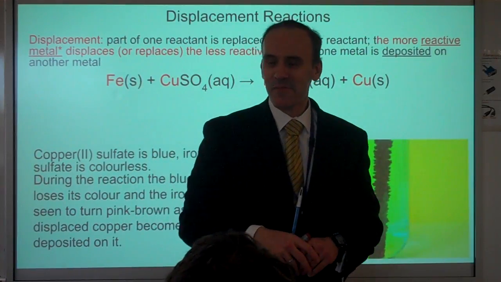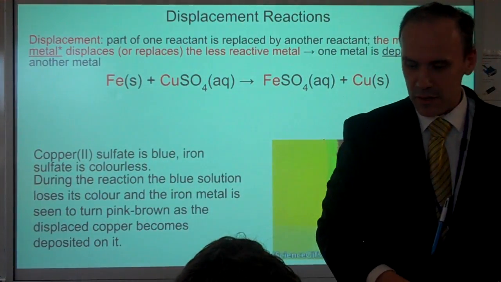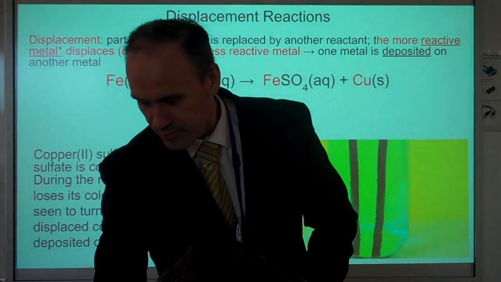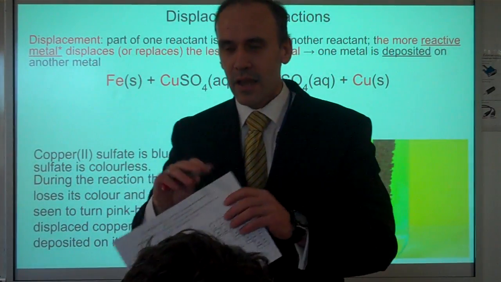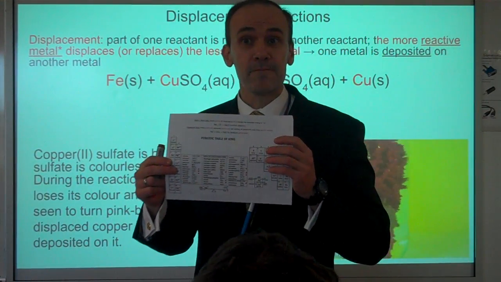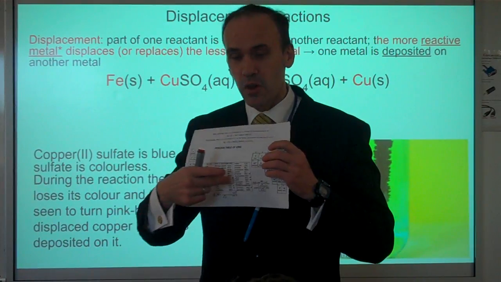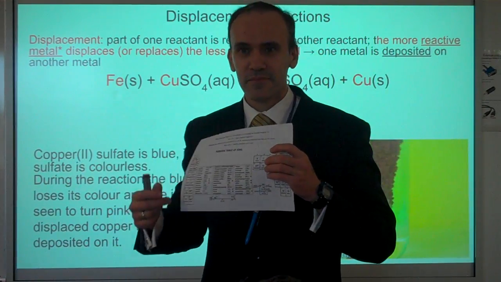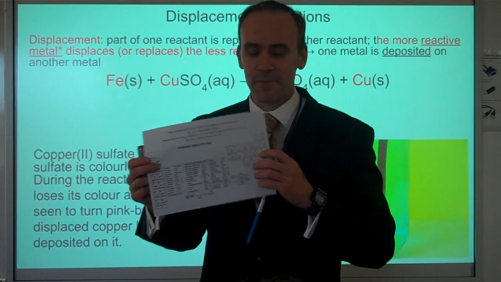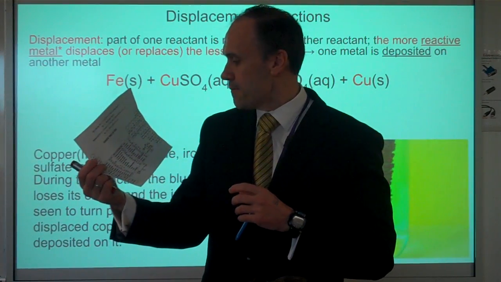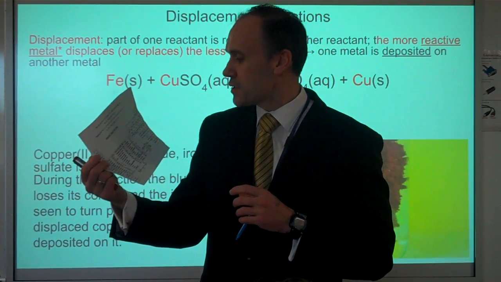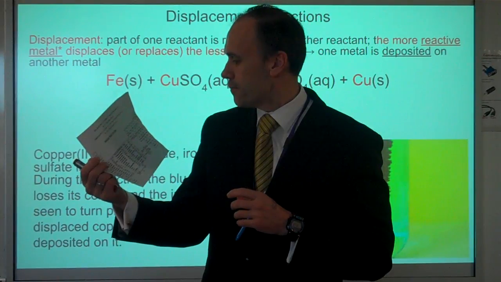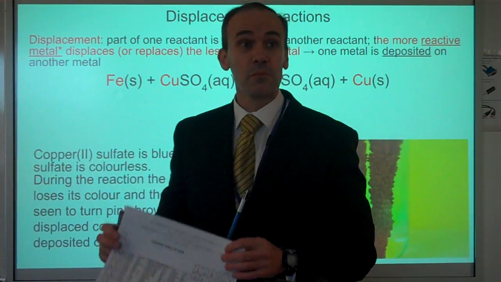Okay, so now have a look at your ionic, that's the one. Have a look at that. Where is sulfate there? Look at the box. It should have a red dot beside it. You see sulfate? What charge does it have on it? SO4. It's got a 2 minus.